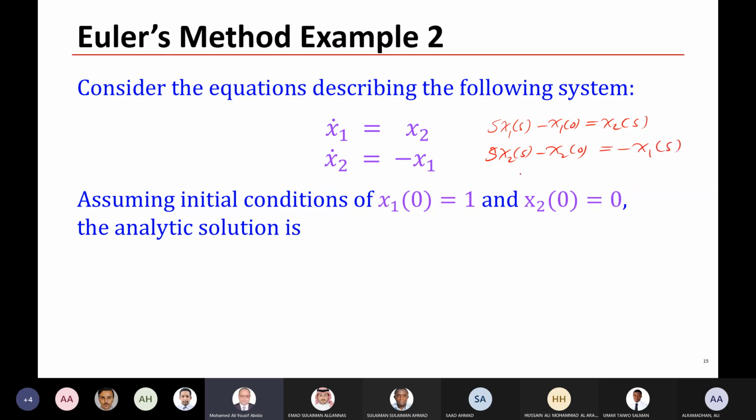You can take x2 of s, which equals x1 of s plus x2 of 0 over s, and substitute it here. Then you can solve for x1 of s and x2 of s.